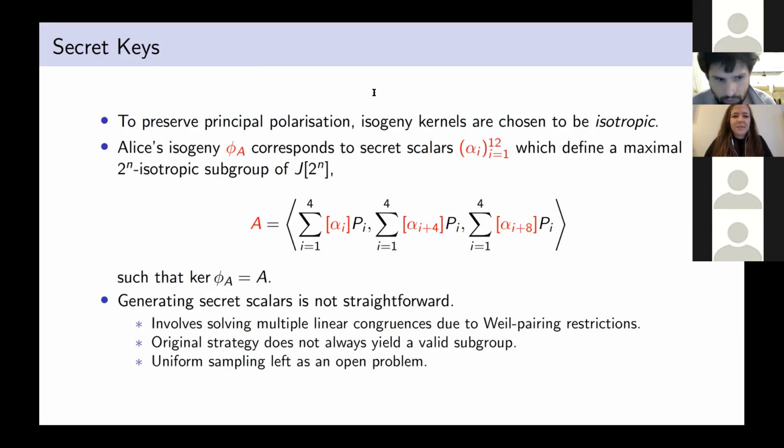We have to solve some linear congruences so that the Weil pairing is actually trivial on these points. The issue is that the original strategy that was proposed for the protocol does not always determine a valid subgroup. And we also don't know how to uniformly sample from the key space.